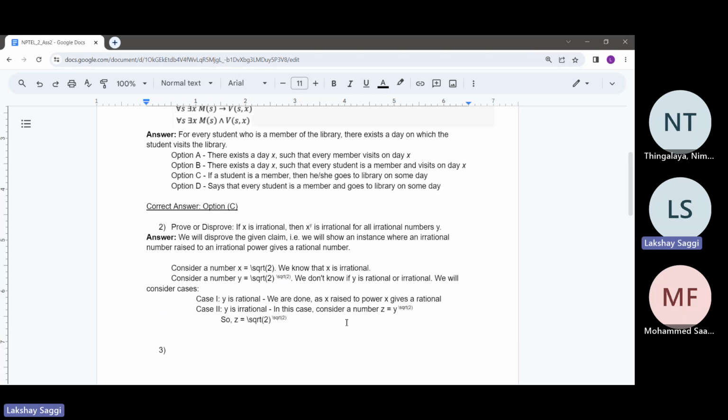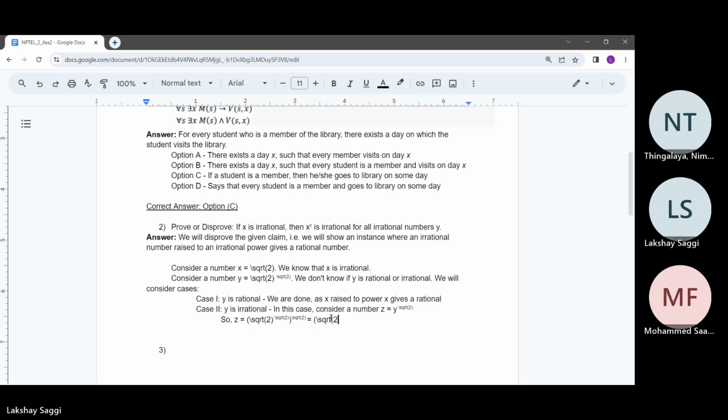So what we are actually doing is we are taking this number y and again raising it to the power root 2. By the rules, the indices, like the powers, will actually get multiplied here.